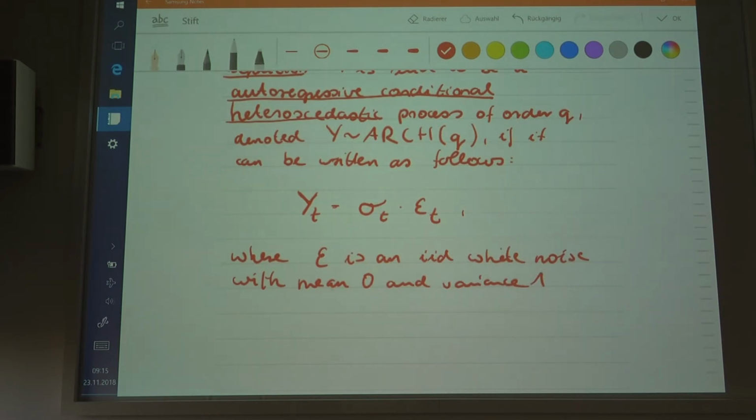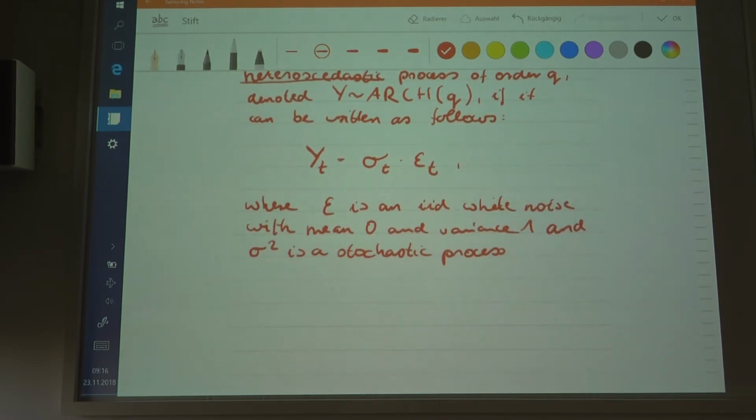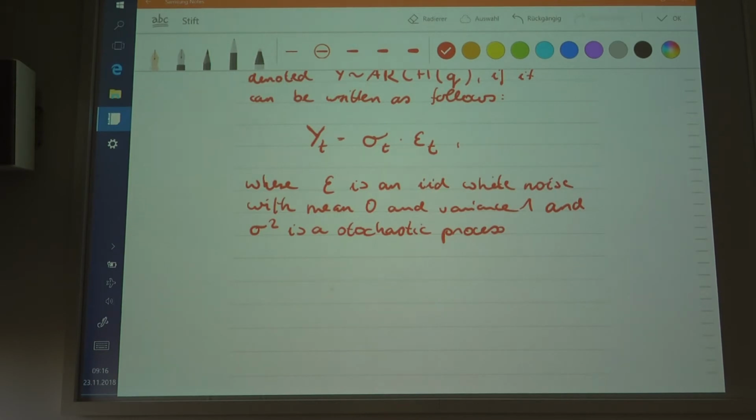And sigma squared is a stochastic process that satisfies the following representation.